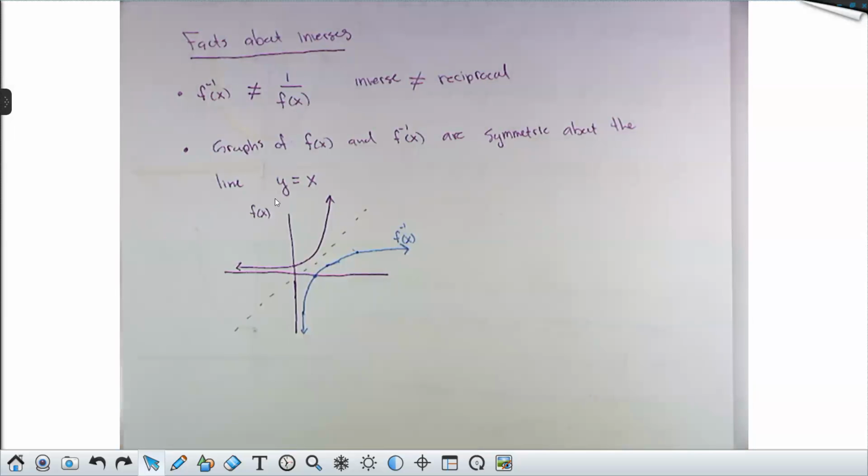There's always this symmetry between the graph of f and its inverse. Pretty cool stuff.